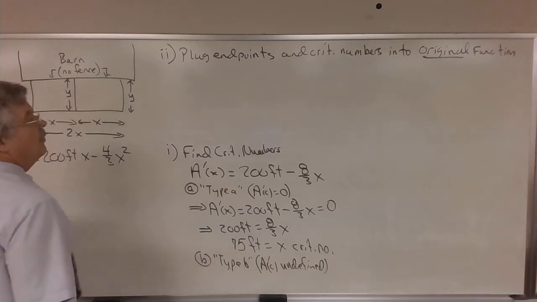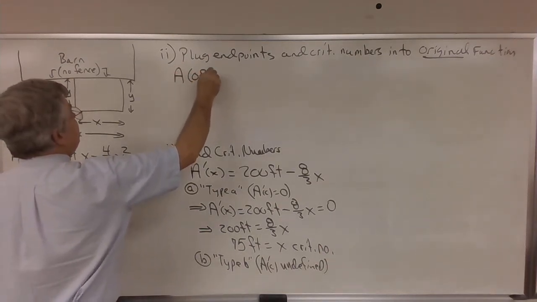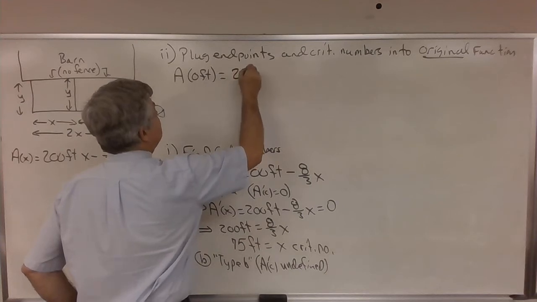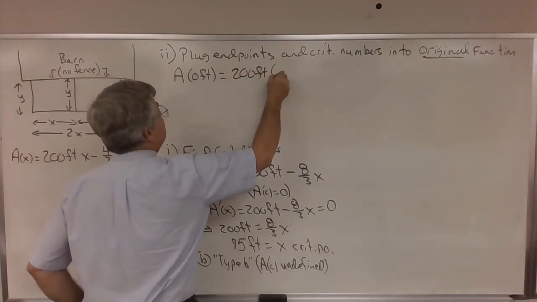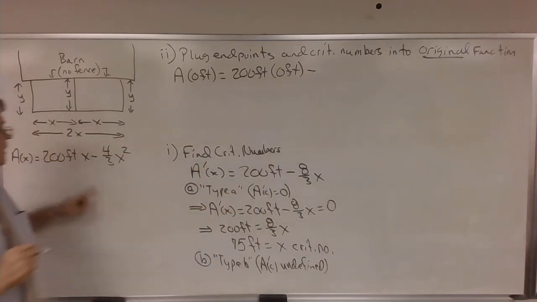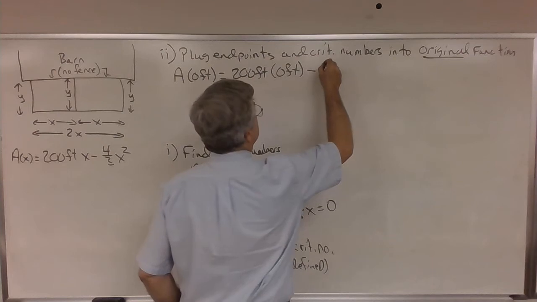So, one of the endpoints is 0 feet. So I have 200 feet times 0 feet, minus 4/3 times x squared.